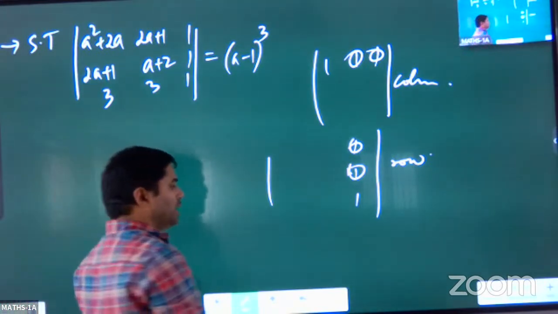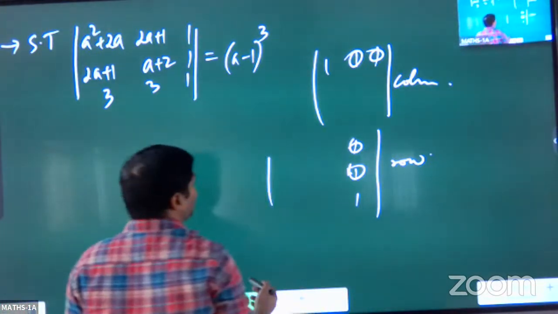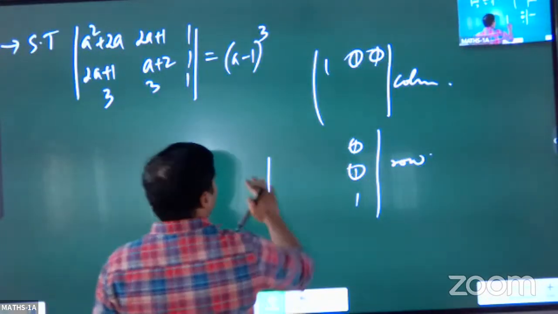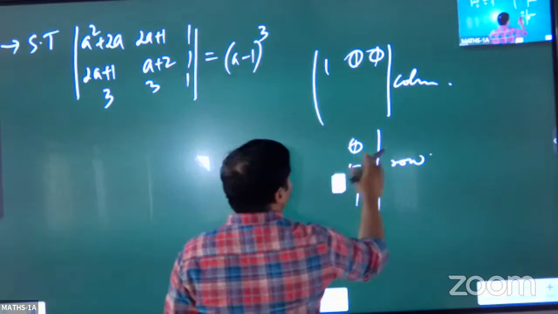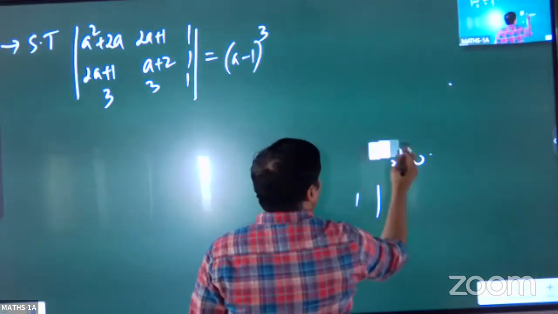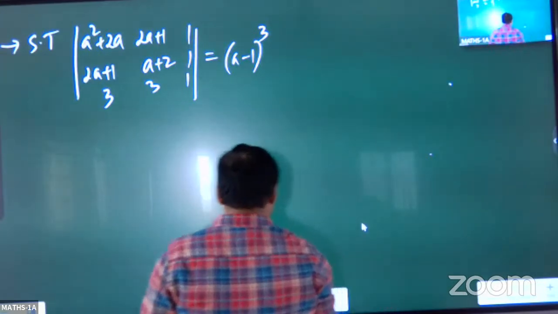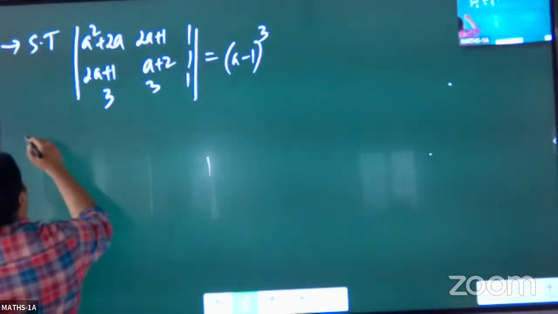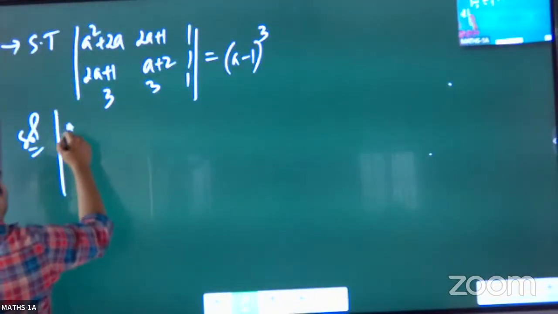Is it clear? So never expand the determinant directly. Do complete simplification, maximum operations, then only you can expand your determinant. Is it clear? Now, once again, I'm writing the solution. You can have a look.